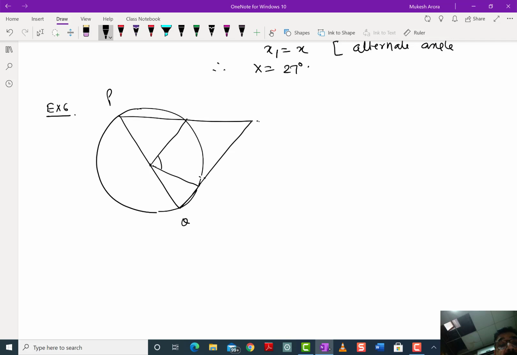If this angle is 42 degrees, RQ, we have to find angle RTS.